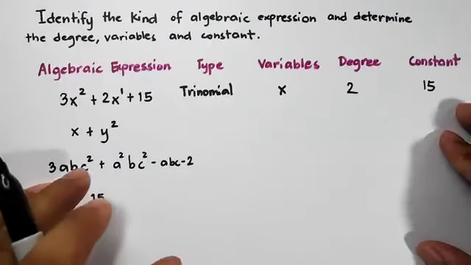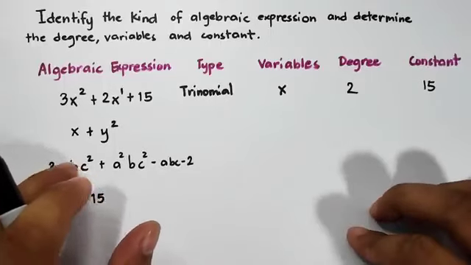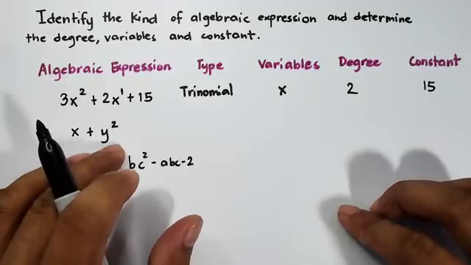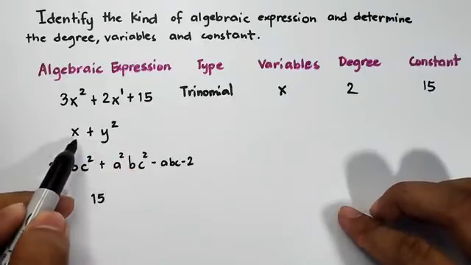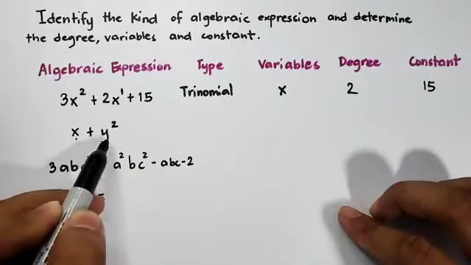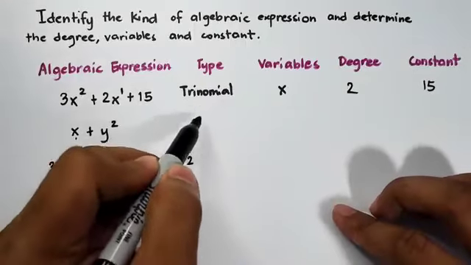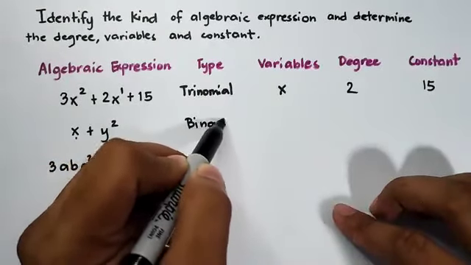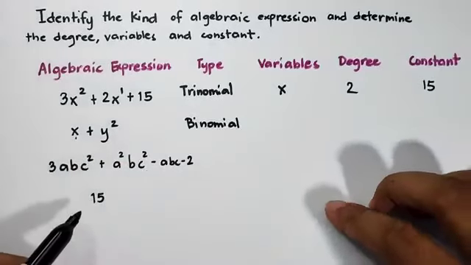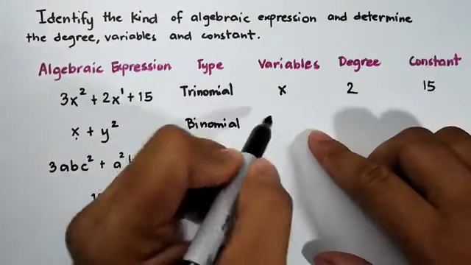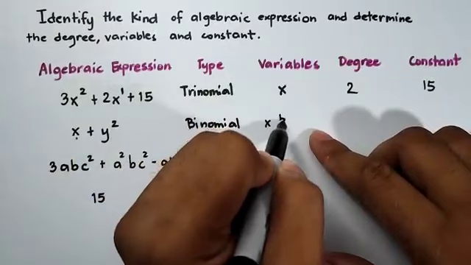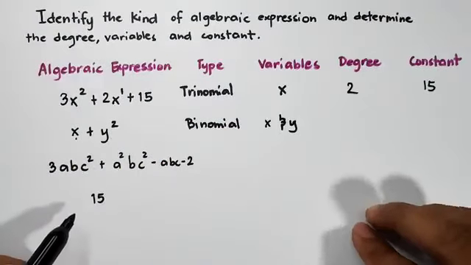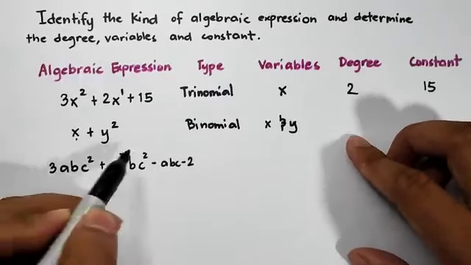Okay? So let's continue. We have x plus y squared. For x plus y squared naman, guys, bilangin natin yung ating terms. 1 and 2, meaning the type is binomial. For the variable, we have x and y. For the degree, compare natin.